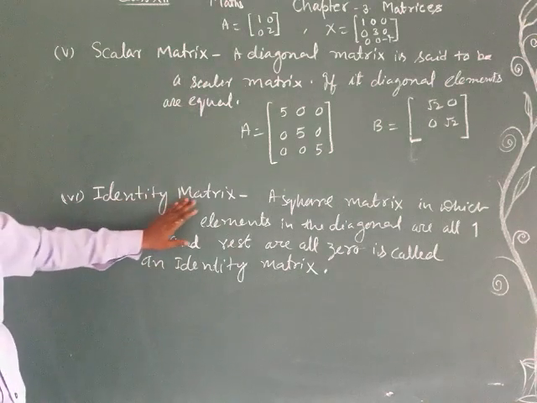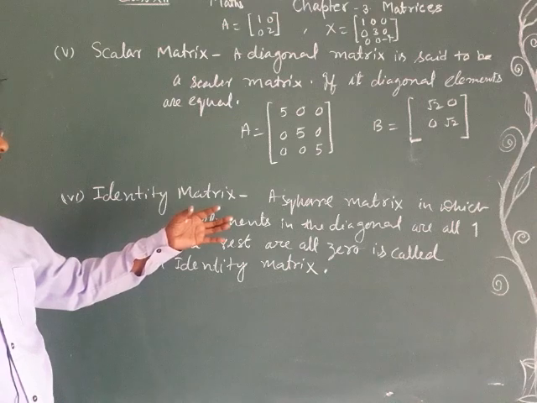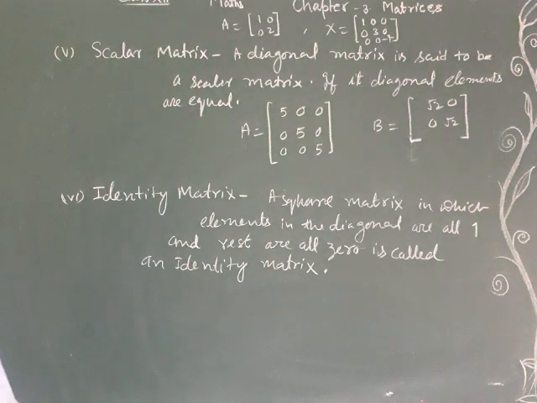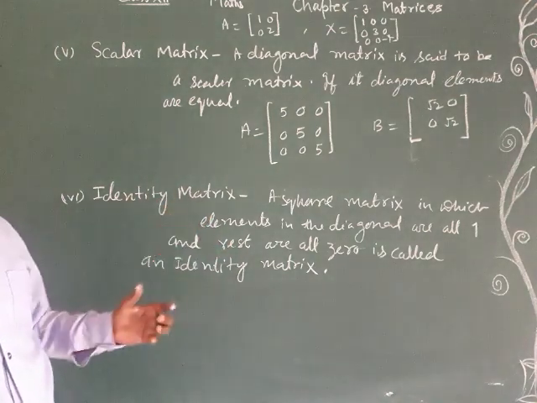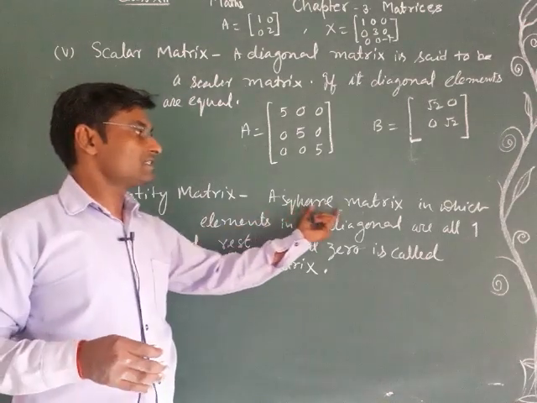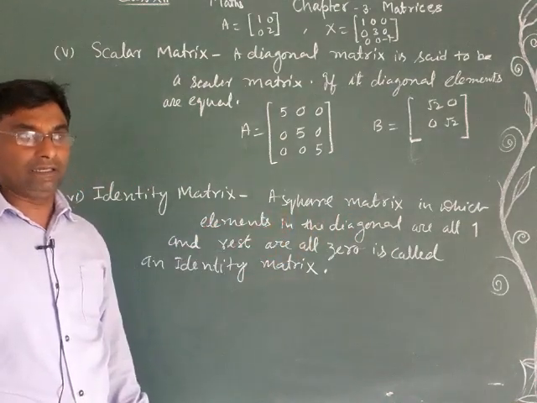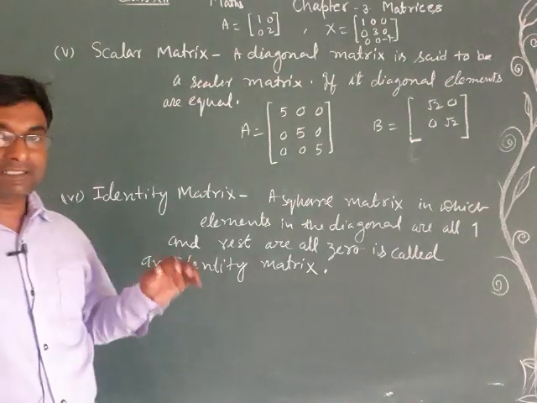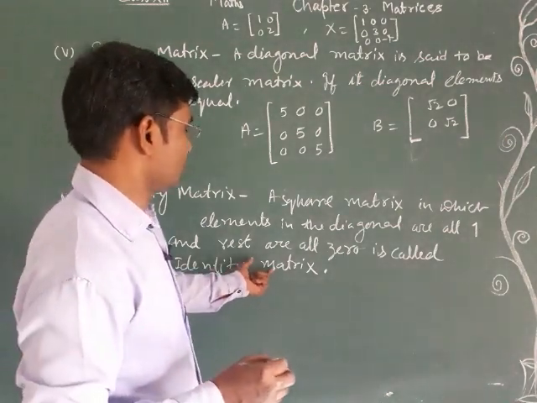And sixth, identity matrix. A square matrix in which all diagonal entries are 1 and the rest are all 0 is called an identity matrix.